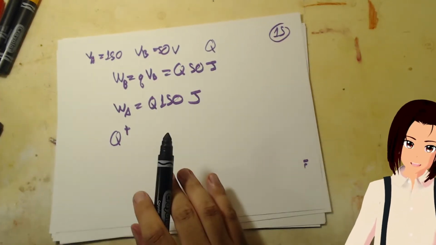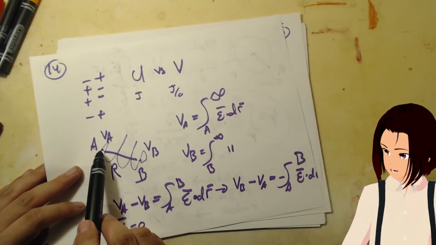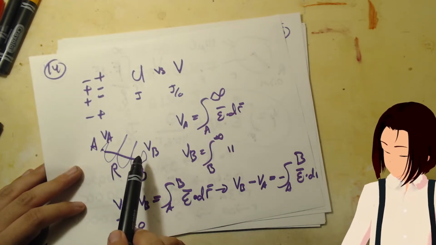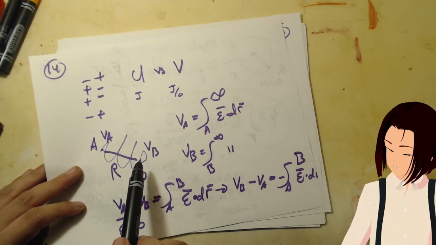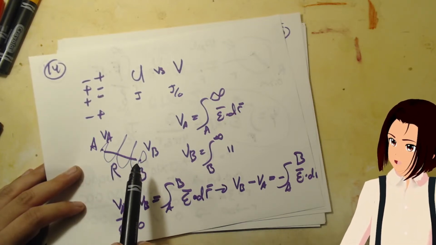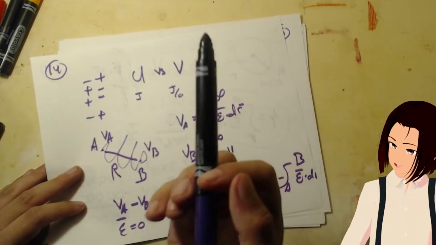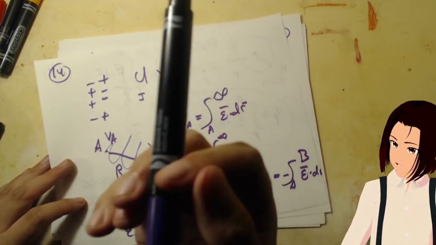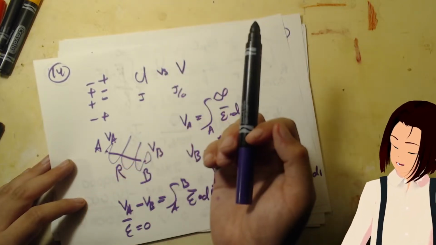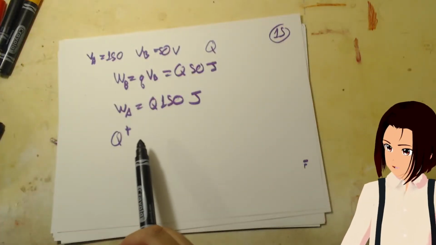A is 150 but B is 50, and the charge wants to go to a lower potential. Like how a pin wants to drop to a lower space, and I have to exert force to keep it from falling. It's harder for me to maintain it up here, and easier if I go right here. It's the same idea with a positive charge.